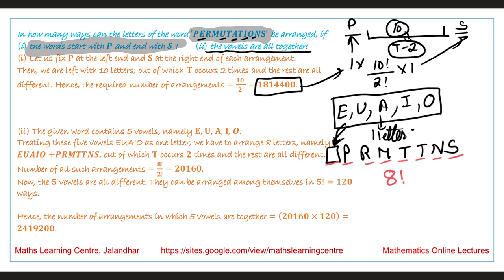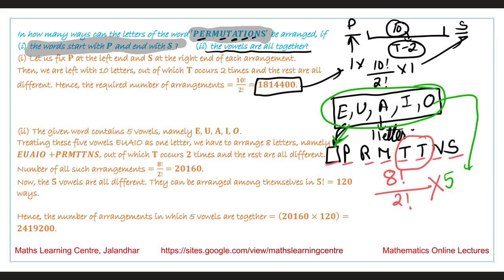So the answer is 8 factorial over 2 factorial, since T is repeated twice, into the number of ways in which the vowels can be arranged. All these letters are different, so the number of ways is 5 factorial.